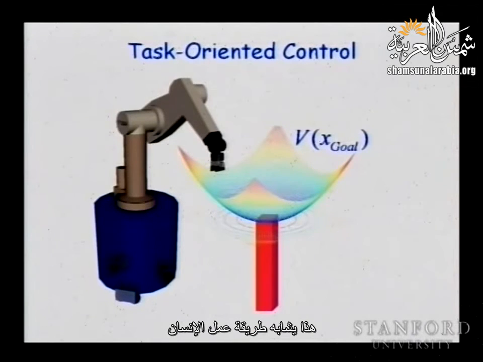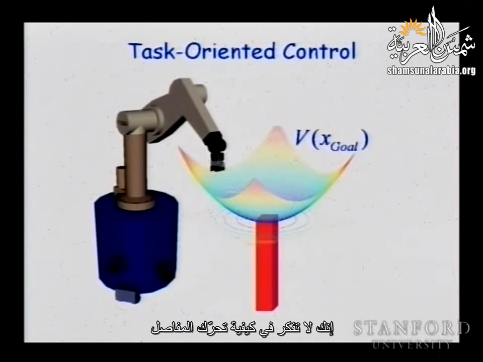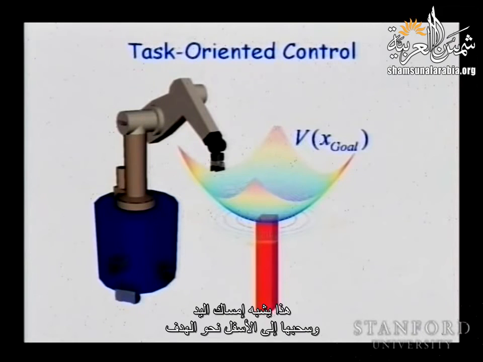This is similar to the way humans operate. When you are controlling your hand to move to a goal position, essentially you are visually servoing your hand to the goal. You are not thinking about how the joints are moving. You are just moving the hand by applying these forces to move the hand to the goal position. So it's like holding the hand and pulling it down to the goal.